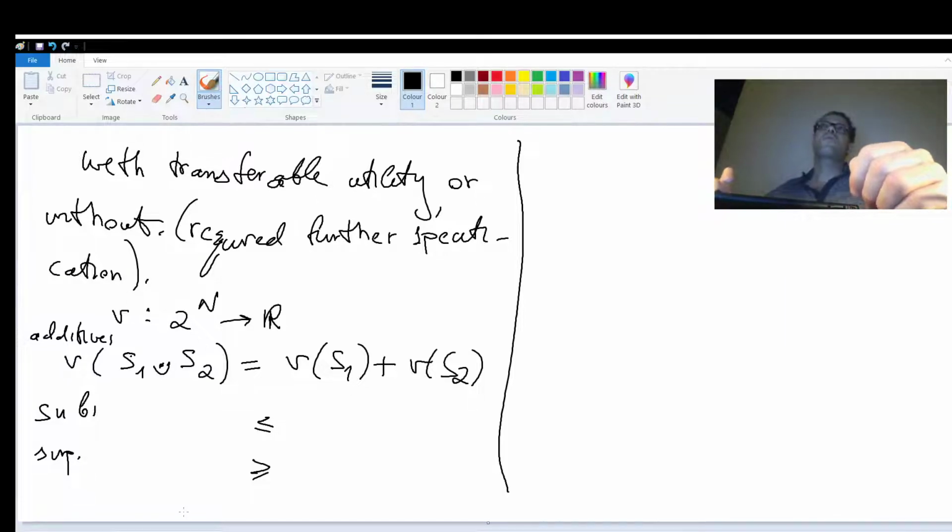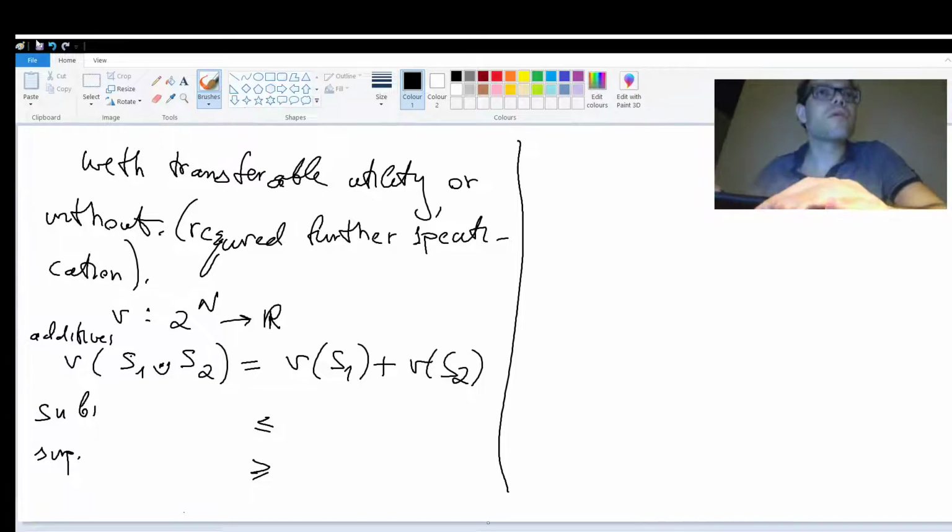We can also talk about supermodular and submodular, and here the question is, if you add another player to a coalition, is it better to add a player to a larger coalition or to a smaller coalition? So, for example, let me go.